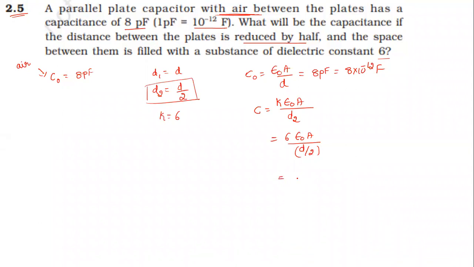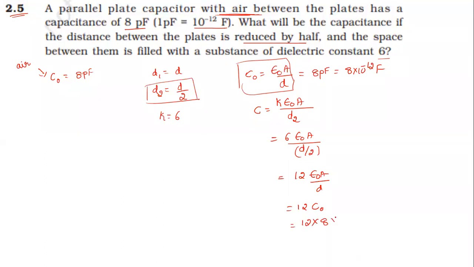It will become 12 epsilon naught A by D. Can we write this epsilon naught A by D as C naught? So it will become 12 times C naught.